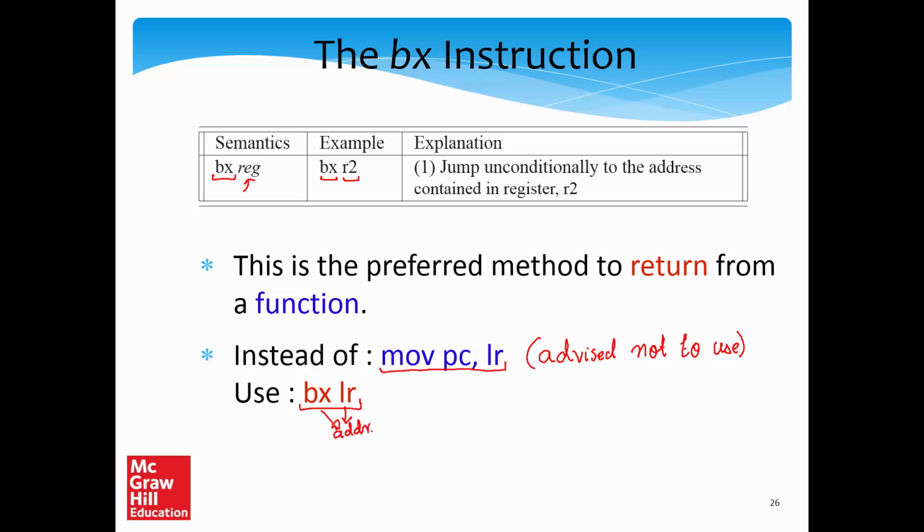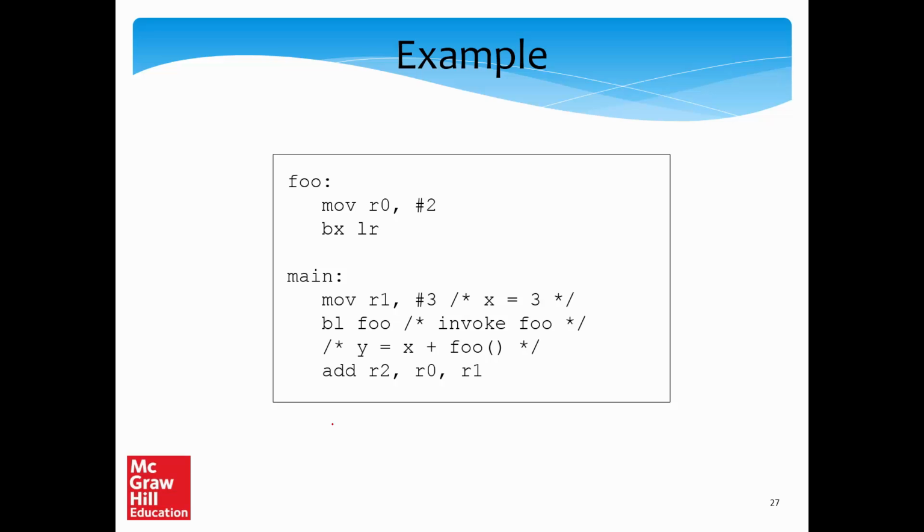That's basically the idea. So instead of moving LR into PC, which is what we saw in the previous slide, a much better idea is to use BX LR, where we jump directly to the contents of the LR register. So let's consider the same program with the BX instruction. The first instruction, move R1, #3, sets x to 3.